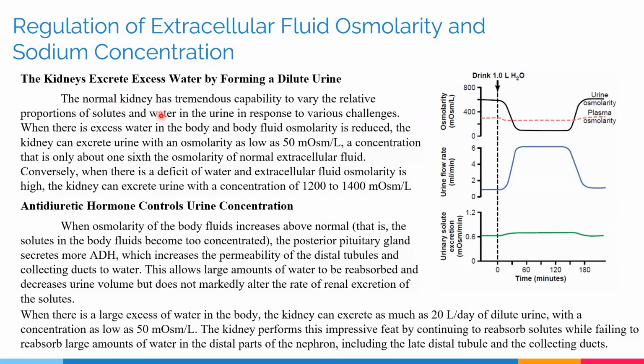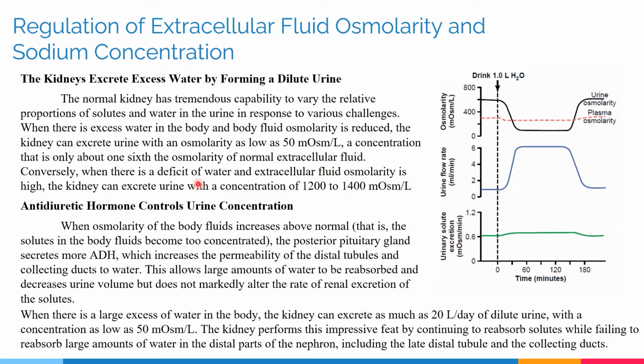The normal kidney has a tremendous capacity to vary the relative proportions of solutes and water in the urine in response to various challenges. When there is excess water in the body and body fluid osmolarity is reduced, the kidney can excrete urine with an osmolarity as low as 50 milliosmoles per liter, a concentration that is only about 1/6 of the osmolarity of the normal extracellular fluid.